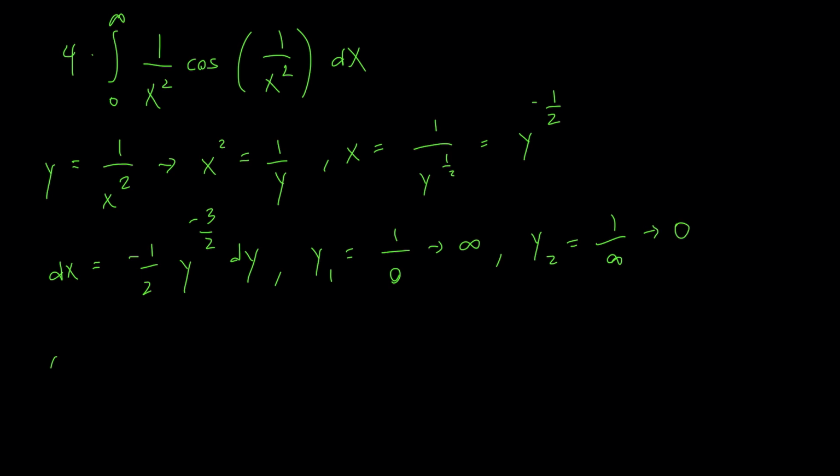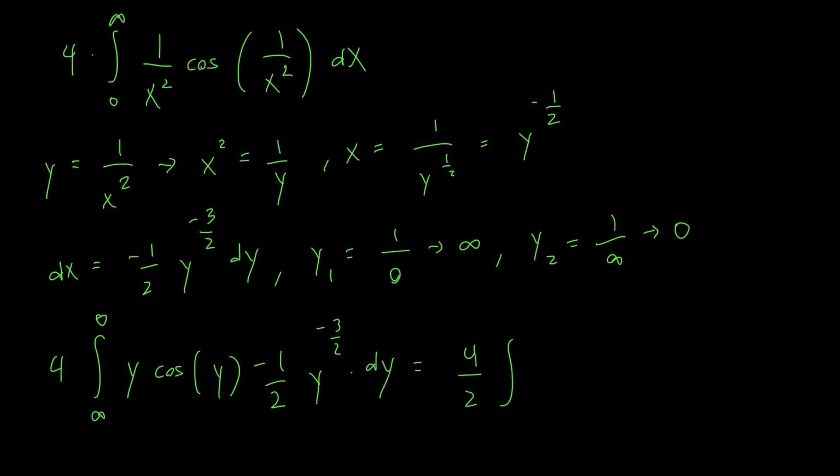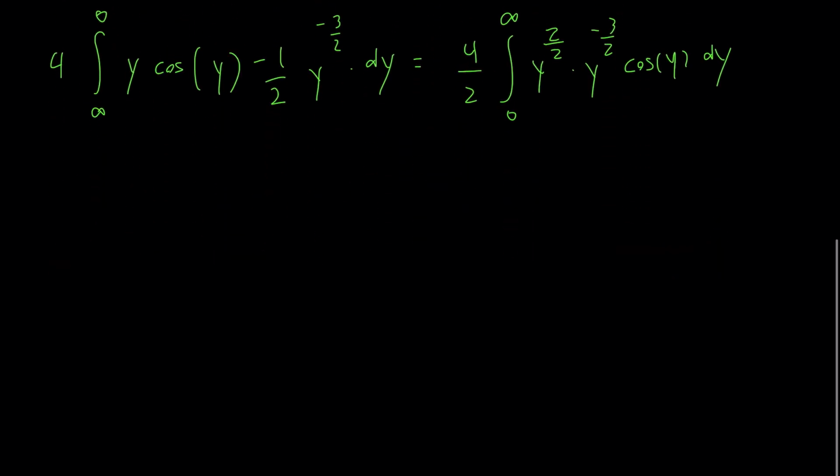So we're going to have 4, and then the integral from infinity to 0 of y cosine of y, and dx is negative 1/2 y raised to the negative 3/2 times dy. And we can rewrite this as 4 over 2, the integral from 0 to infinity, y over raised to the 2 over 2 power times y to the negative 3/2 times the cosine of y dy. 4 over 2 is 2.